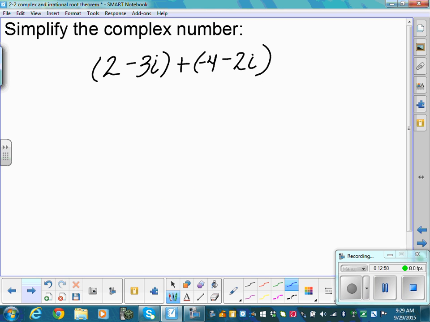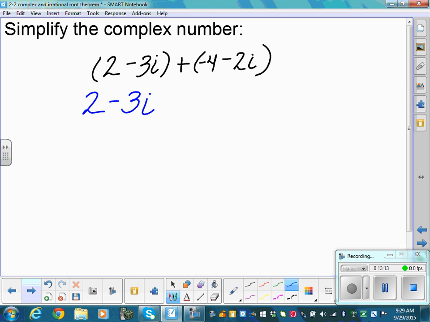2 minus 3i plus -4 minus 2i. Well, first of all, you've got to pay very close attention. Is this addition? Yes, so we don't have to worry about distributing a negative sign through. We're not going to multiply these things, we're adding them. So we're just combining like terms in a sense, combining our real parts, combining our imaginary parts. So I'm just writing it without the parentheses.